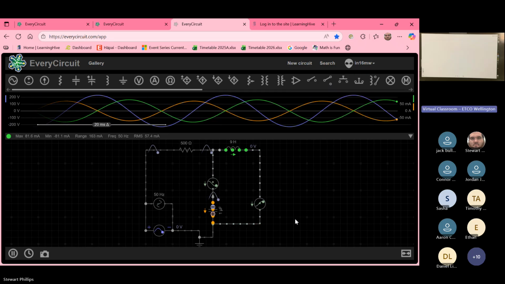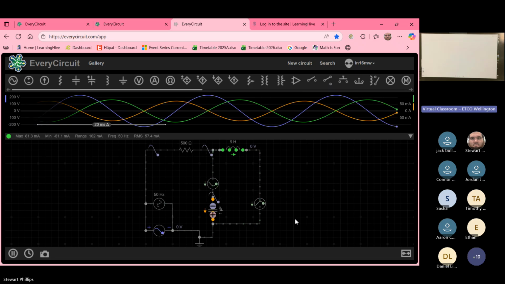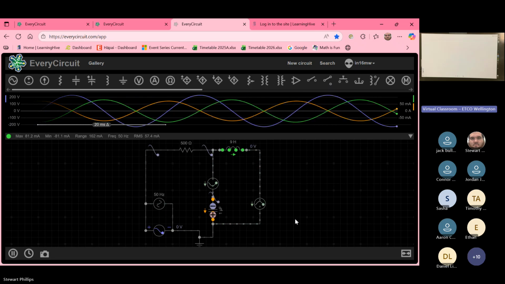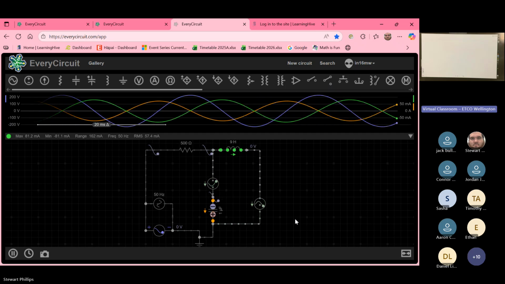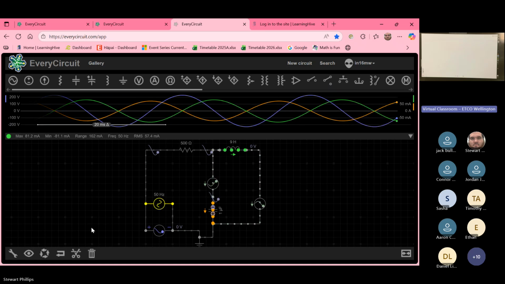Right now they're all pretty much in sync in terms of the current flowing through the inductor and the capacitor. But what happens if I change the frequency of supply? We can actually do that in real time.